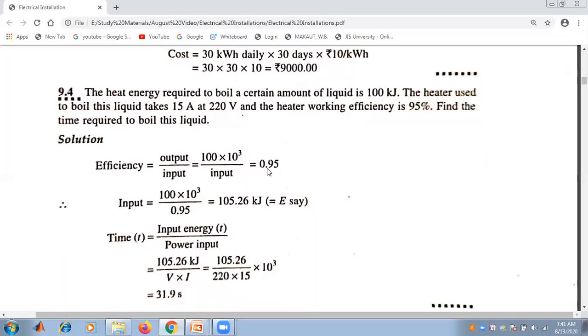So we all know that efficiency is output by input, so we have to find the input. All the data that is given in a numerical problem is based on the output characteristics.